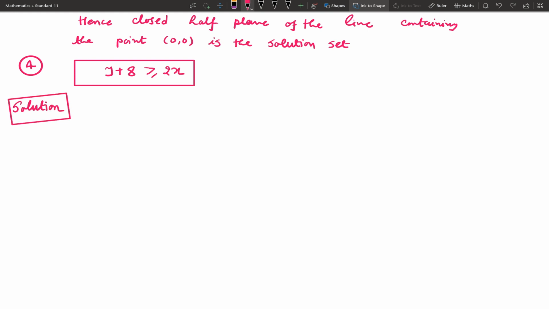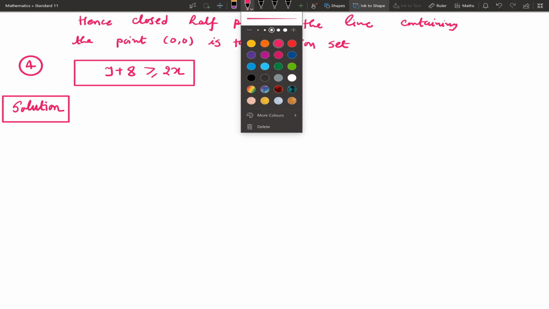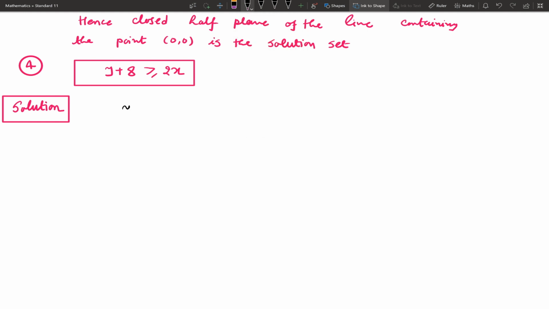We have to get the solution of this inequality graphically in a two-dimensional plane. y plus 8 greater than or equal to 2x. So as usual, first we remove the inequality. So y plus 8 equal to 2x. This is our equality.